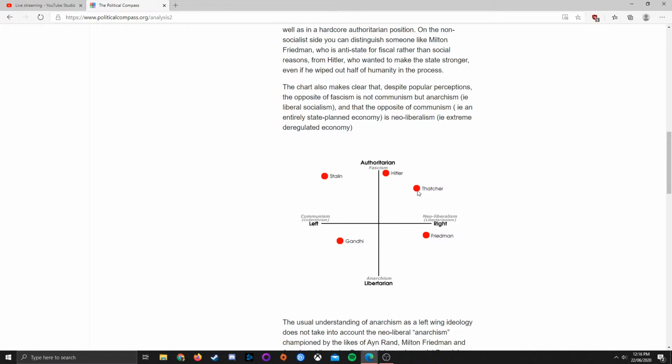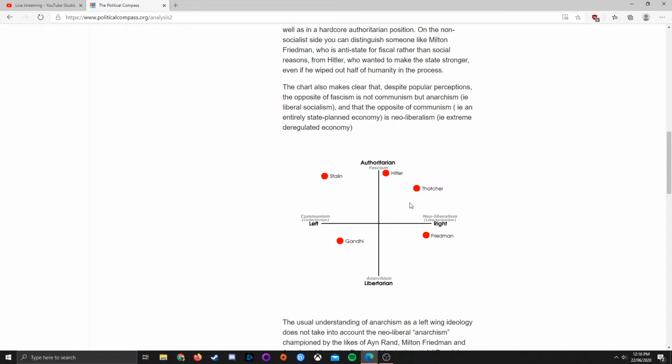And then the last one, Thatcher, leader of the Conservatives from 1979 to 1990, if I remember correctly. She was fairly authoritarian, but not quite as much, and she was more over to the right, favouring free markets over state control of certain parts of the economy.